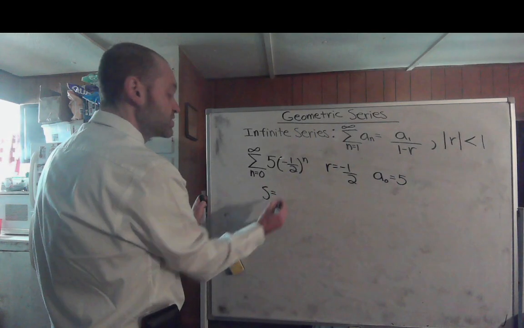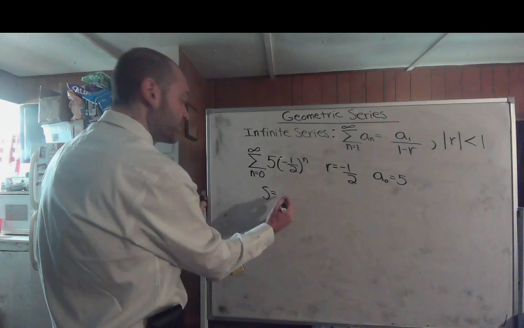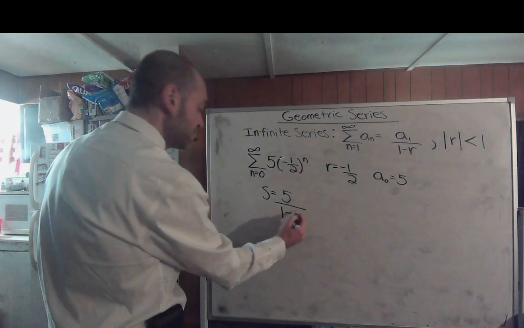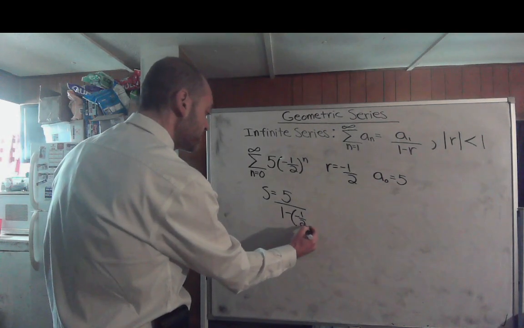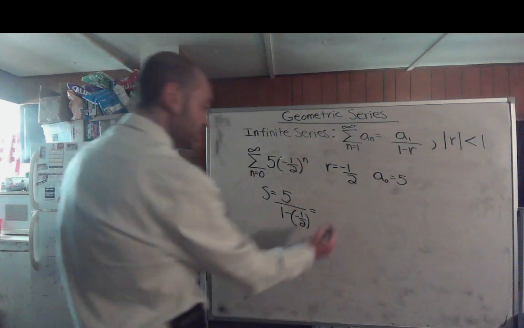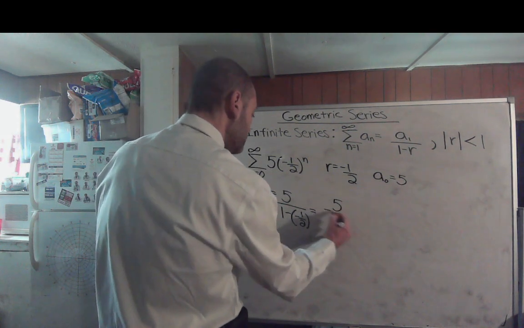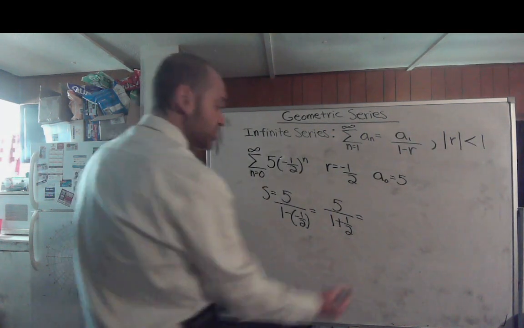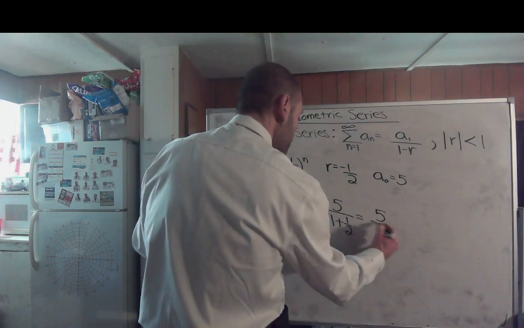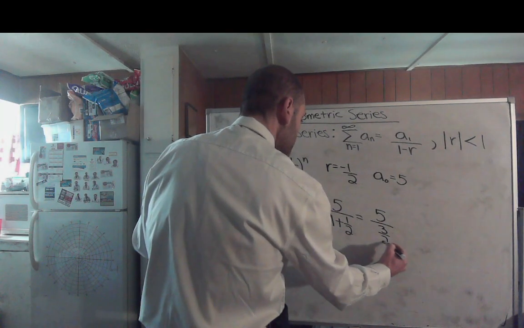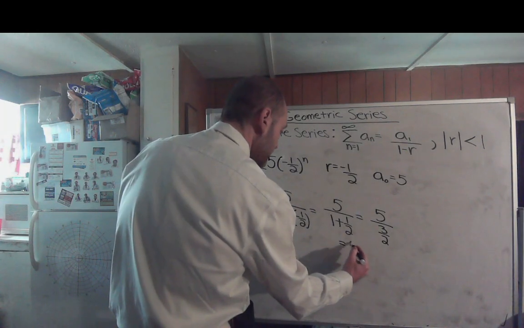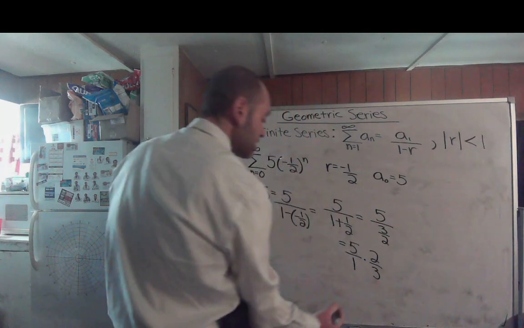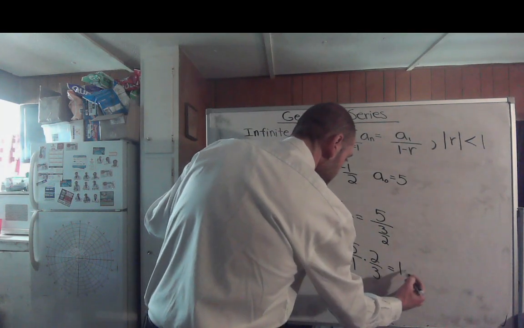So the sum is going to equal our first term of 5 over 1 minus the common ratio of negative 1/2, which is going to equal 5 all over 1 plus 1/2, which would end up giving you 5 over 3/2, which would give you 5 over 1 times 2/3, which would give you a sum of 10/3.